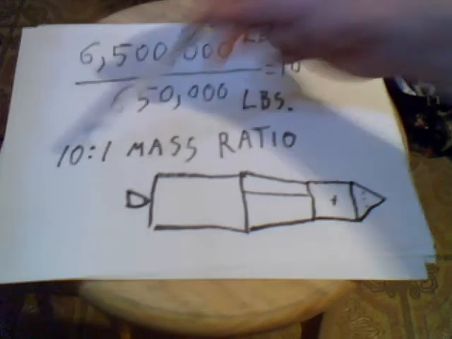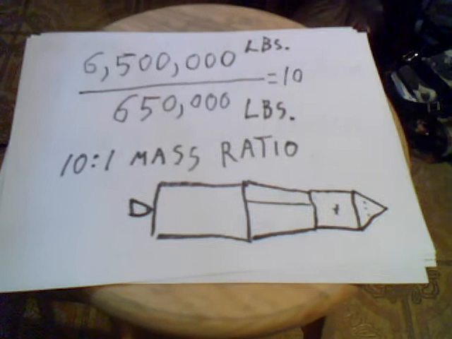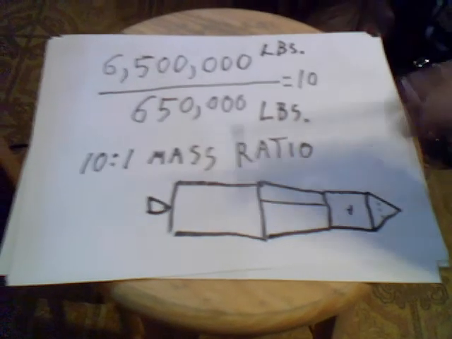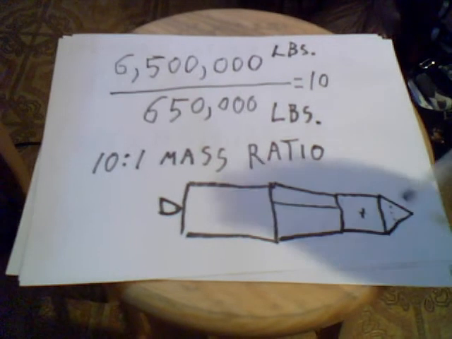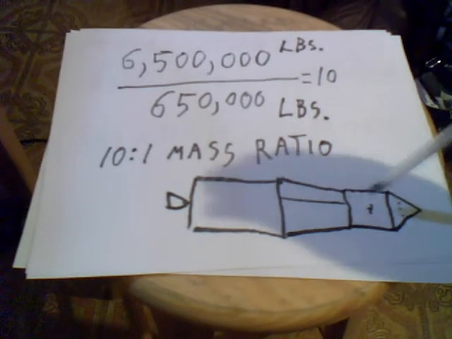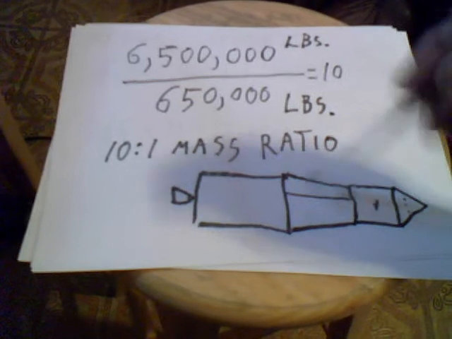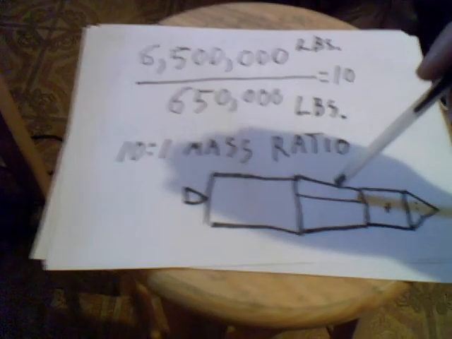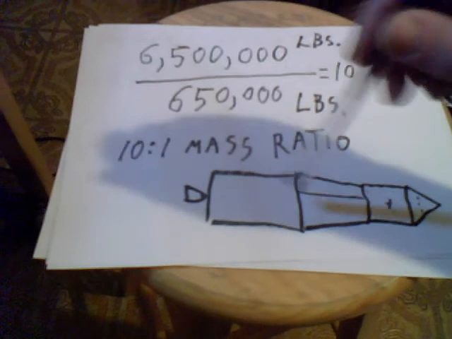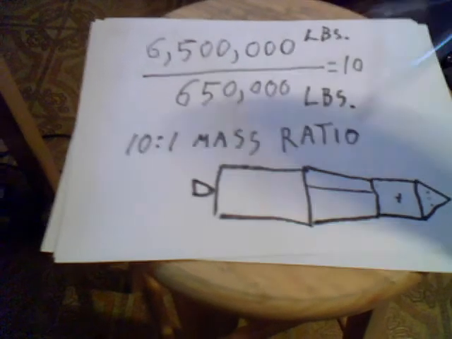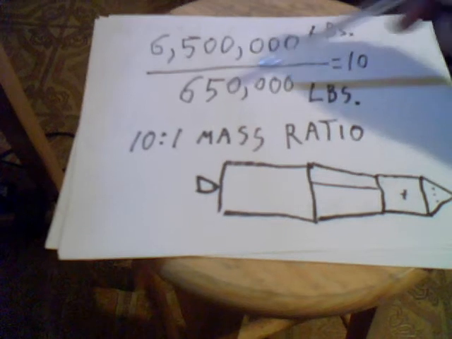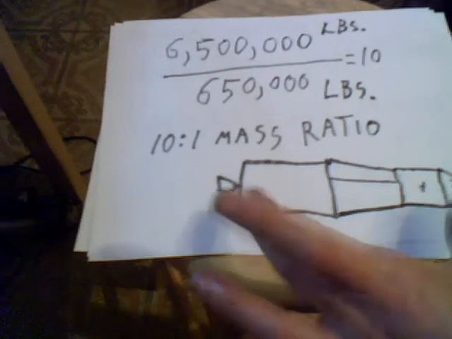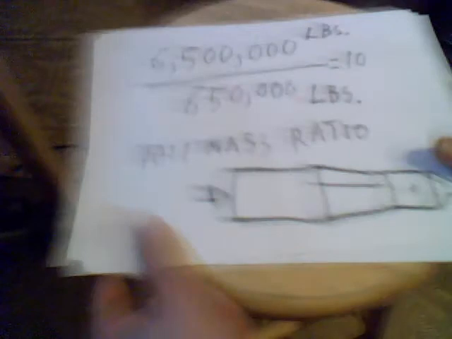So you need a 10-to-1 mass ratio to get this thing into orbit. It's about 100 feet long. The astronauts sit here, the service module and lunar module are packed away here behind these SLA panels, and then we have the booster material. That all weighs 650,000 pounds. That's our 10-to-1 mass ratio, and this is about 100 feet long.